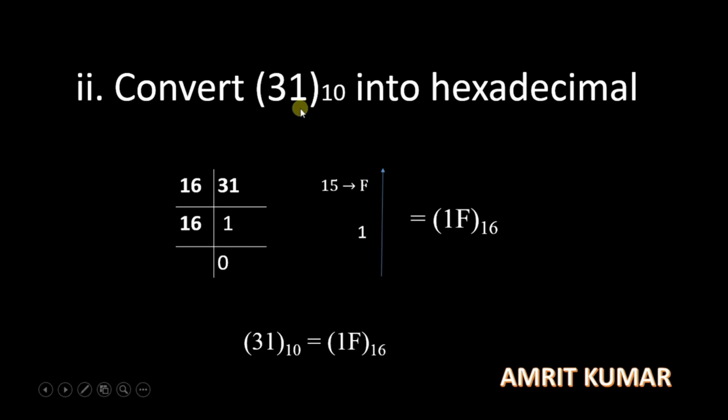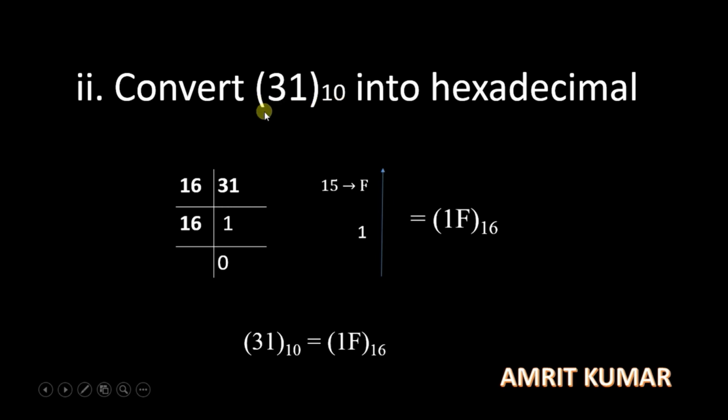So you have to divide the decimal number, that is 31 here, with the base of the hexadecimal number to get the hexadecimal value. I am dividing 31, the decimal number, because its range is from 0 to 9 and its base is 10.